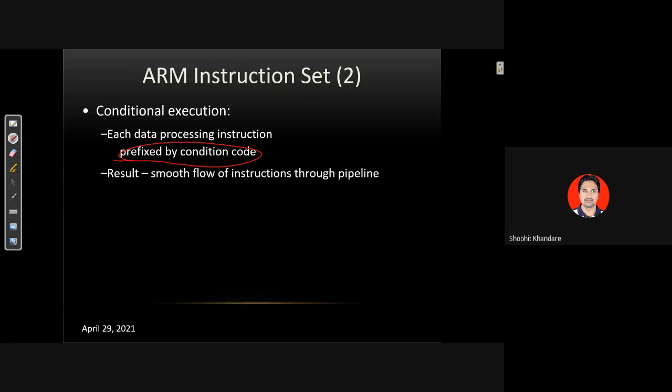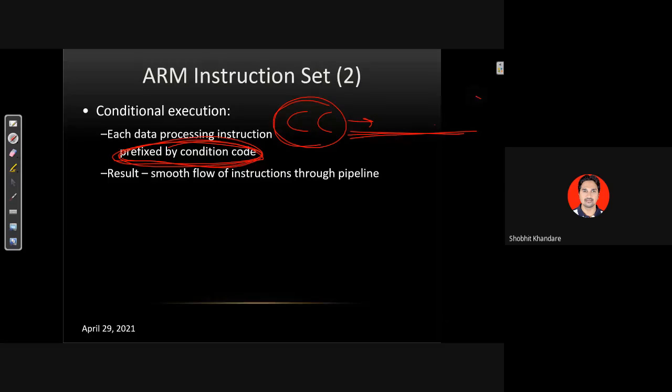So it is prefixed by conditional code. This is very important. Suppose this is an instruction, इसके साथ आप कंडीशनल कोड लगा दो, यानी अगर कंडीशन सेटिस्फाई होता है तभी ये इंस्ट्रक्शन एग्जीक्यूट होगा.